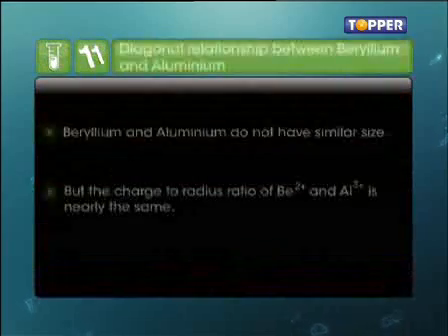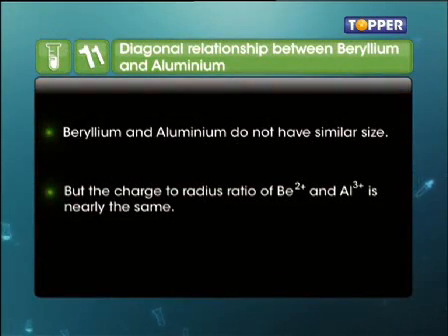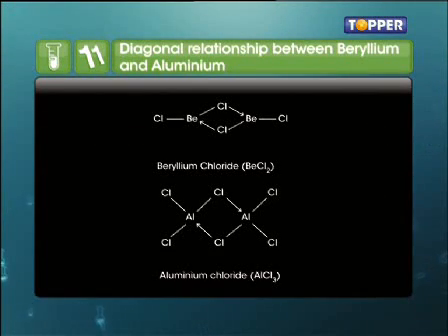After studying the diagonal relationship between lithium and magnesium, let's study the diagonal relationship between beryllium and aluminium. Beryllium and aluminium do not have similar size, but the charge to radius ratio of Be2+ and Al3+ is nearly the same. Take a look at the graphic.